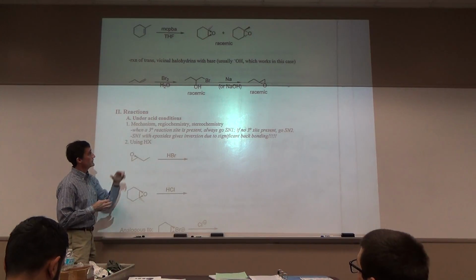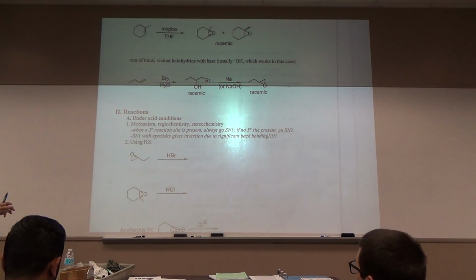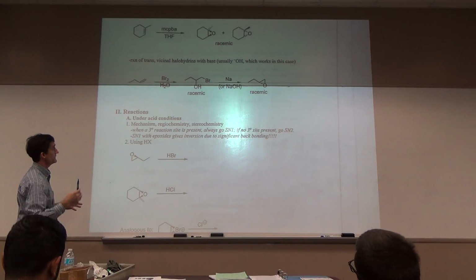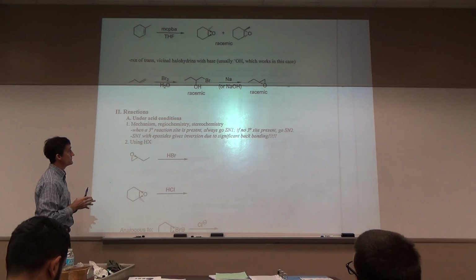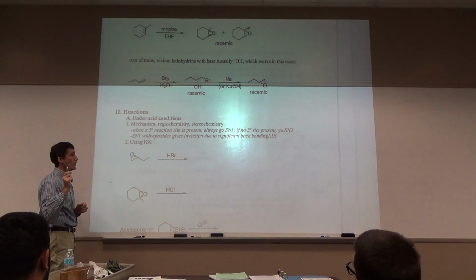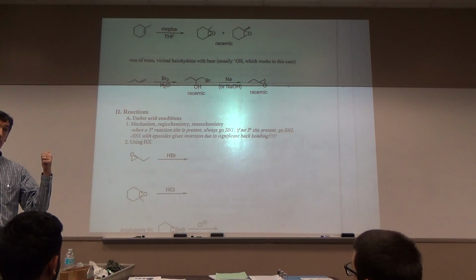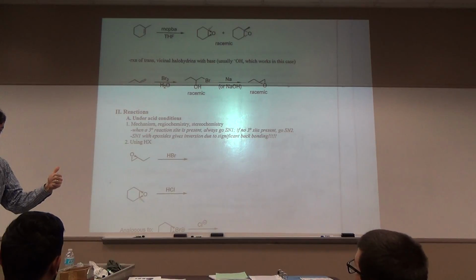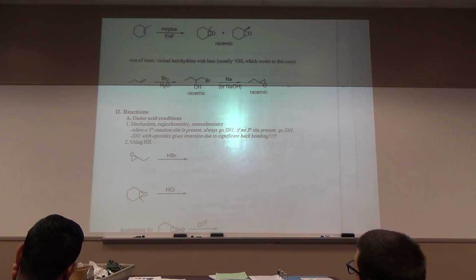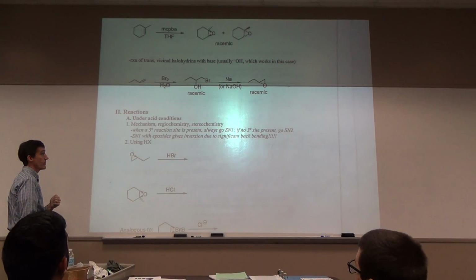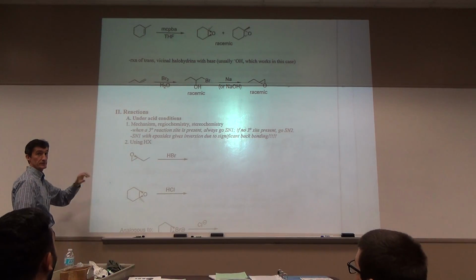First off, under acidic conditions, just like we started today on the other handout, using HX. We have a rule that we're also going to go by. We only do SN1 if we see a tertiary site. Otherwise, you do SN2. Because we're still under ethers.